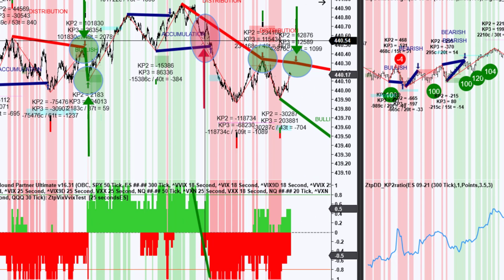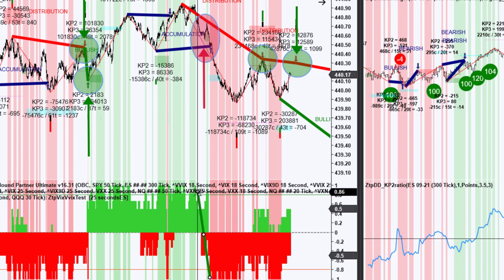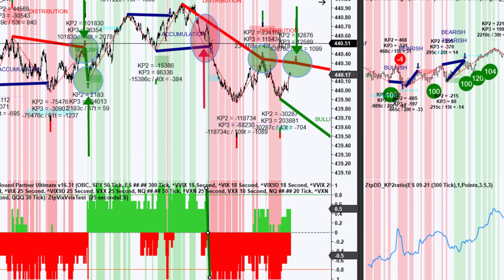Here we have an accumulation long trade, which I marked as a loss because our VXX was going with us. But as we can clearly see on this bar right here, as we are losing our accumulation signal, so at this point we've maybe lost 1 ES point, our VIX is flipping and the entire bloodhound signal is flipping.